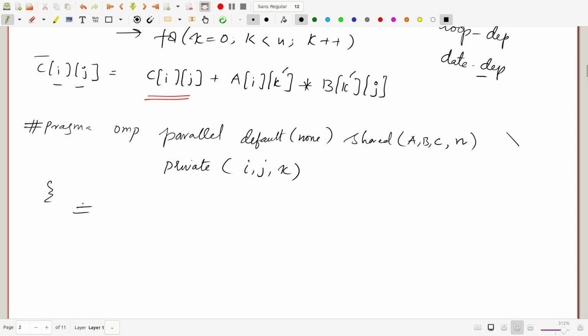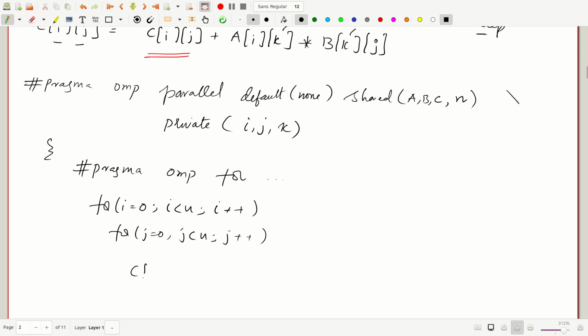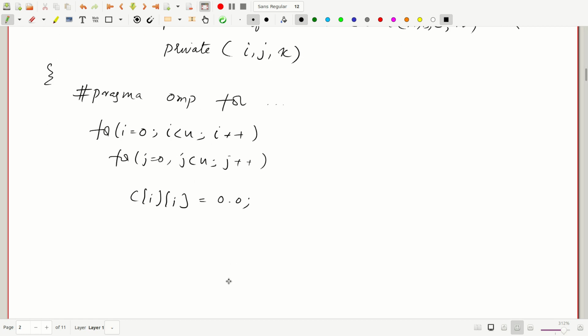So I would write another hash pragma OpenMP for, then for i equal to 0, i less than n, i plus plus, then for j equal to 0, j less than n, j plus plus. In this we write C of ij equal to 0.0. So that hash pragma for now ends, and we have essentially initialized the matrix C to 0.0.